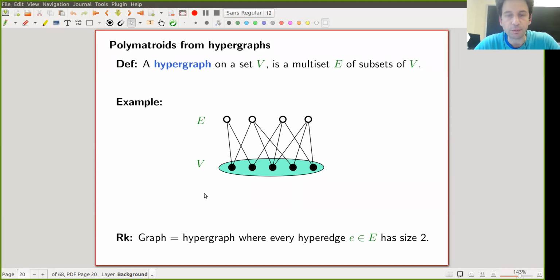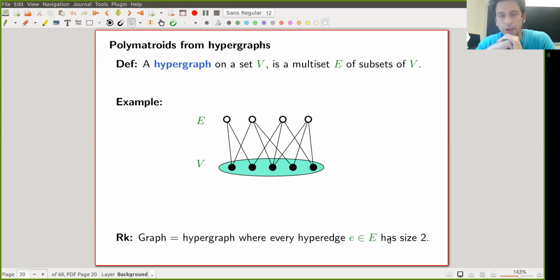So here you have an example with 4 hyperedges, and these hyperedges contain 2 vertices, and so on. Of course, we know that we can identify graphs with the hypergraphs such that every hyperedge has size 2, or 1 if you are allowing loops.